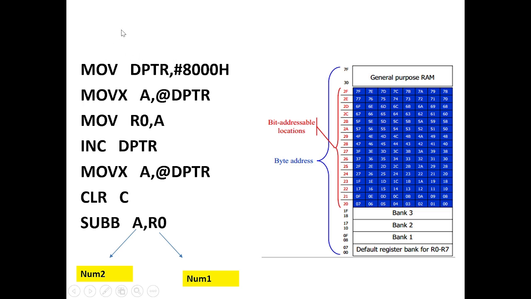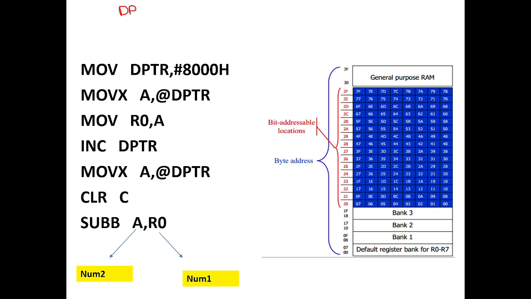So for better understanding, I will update the data in a tabulation also. You can check. First instruction, MOV DPTR, #800H. This hash denotes an immediate value I am sending to DPTR. That means the DPTR's current address location is 800H.